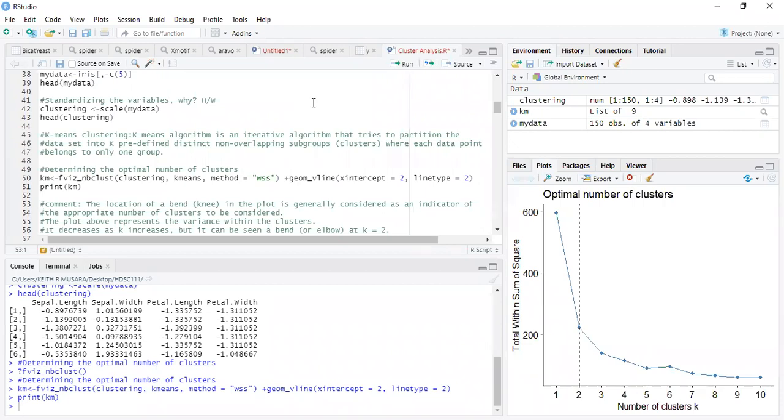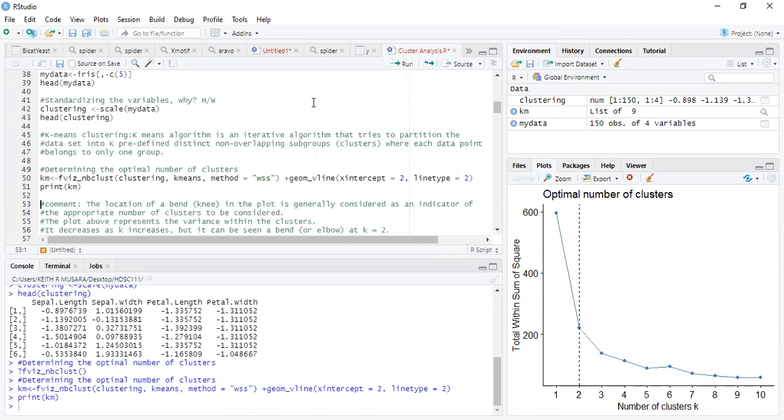You see it elbows at 2, or at 3, at 4, at 5, at 6. But now you need to pick an optimal point. If I'm to argue, I would say it elbows at 2 or 3, because the change from 3 to 4 is not significant.